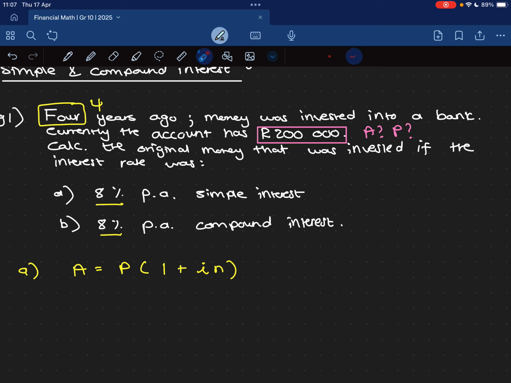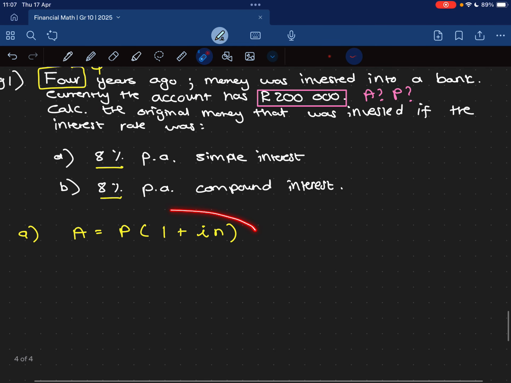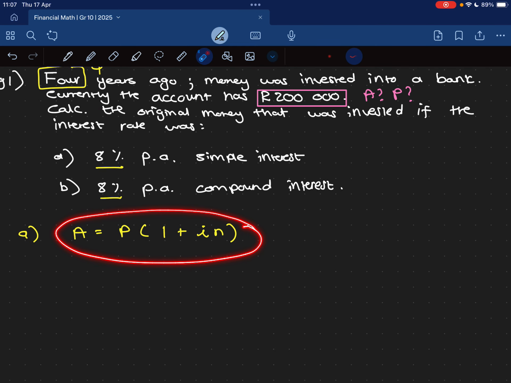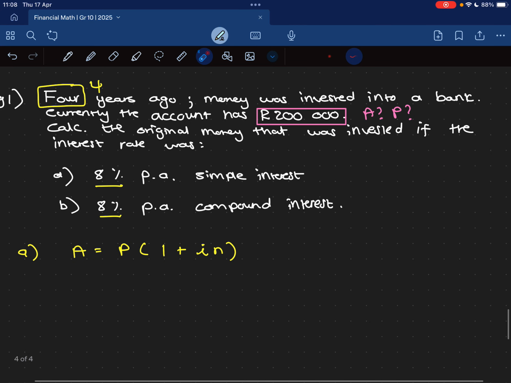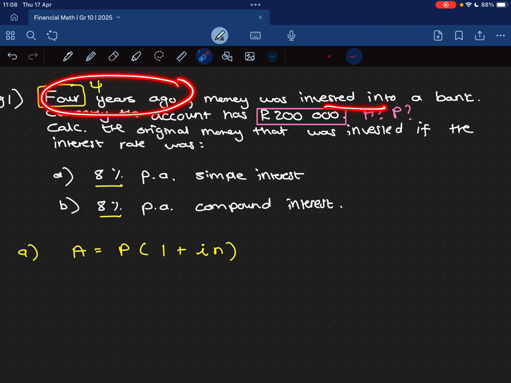So let's read the question. It says 4 years ago money was invested. Currently the account has 200,000. So if we're working with this amount, it's important that you realize that although the word currently is used to describe the 200,000, it is not how we calculate this A value here, because it says 4 years ago money was invested.